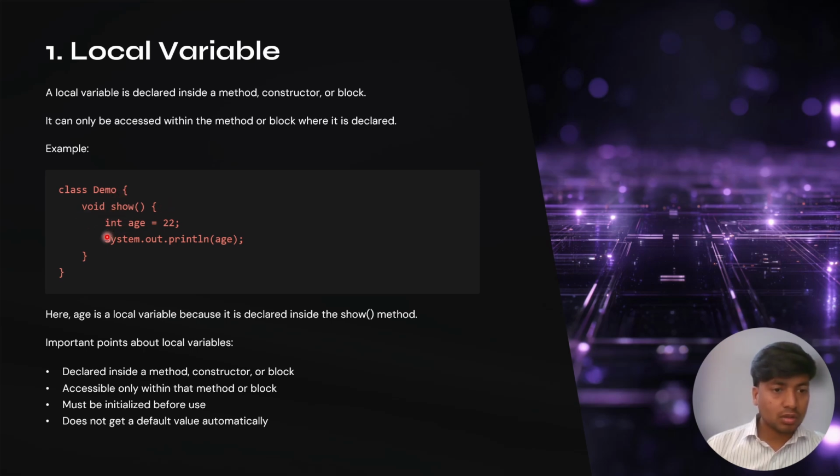Here we see int age = 22 and System.out.println(age). Here we print age. Age is 22. Here age is a local variable because it is declared inside the show method. As we define, a local variable is declared inside a method.